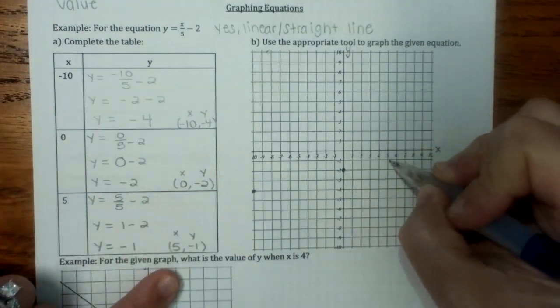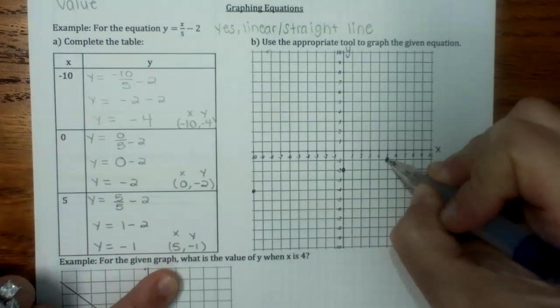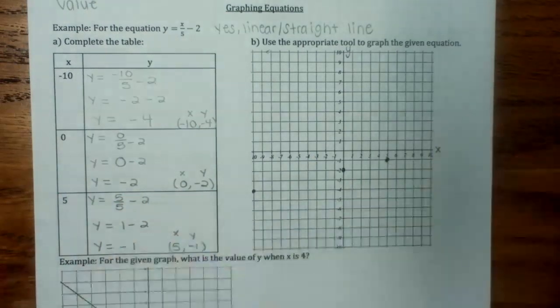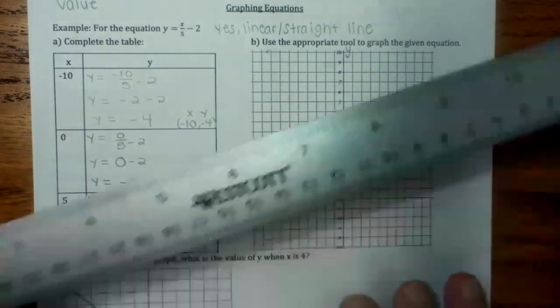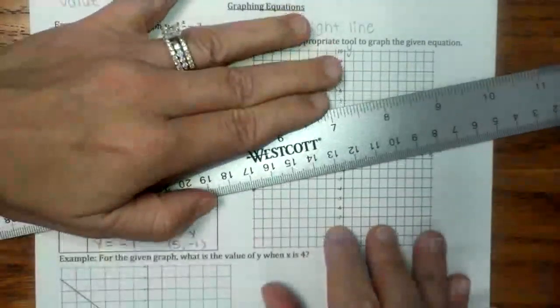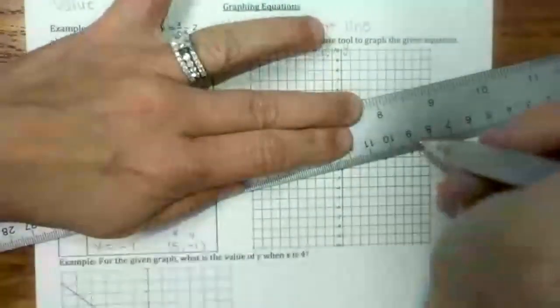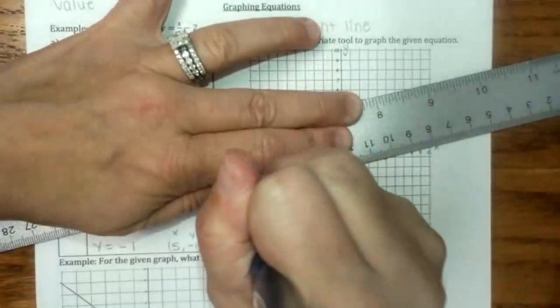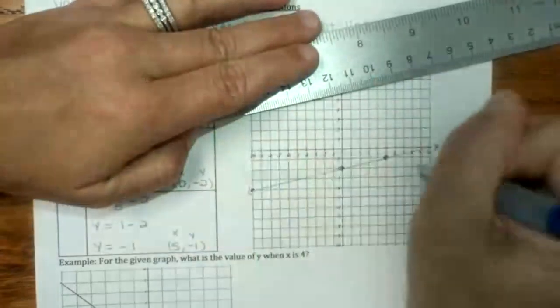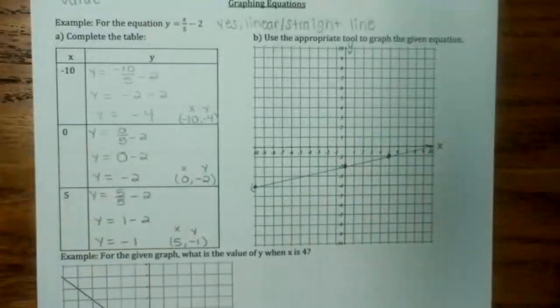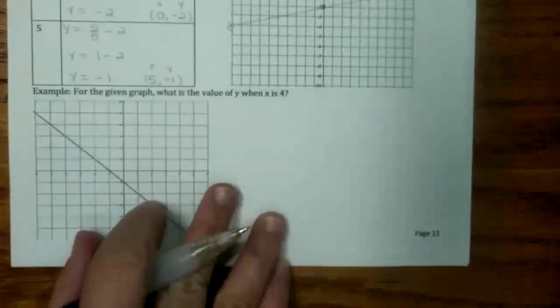Then 5, negative 1, over to 5, down to negative 1. So connecting the dots. There's our graph. Done. Let's do another one.